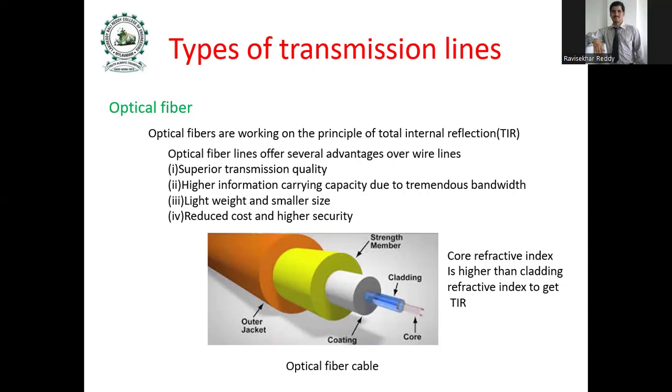Lightweight, smaller size, the cost of optical fiber is somewhat low, and information security is high. To satisfy the total internal reflection condition, the core refractive index should be greater than the cladding refractive index.